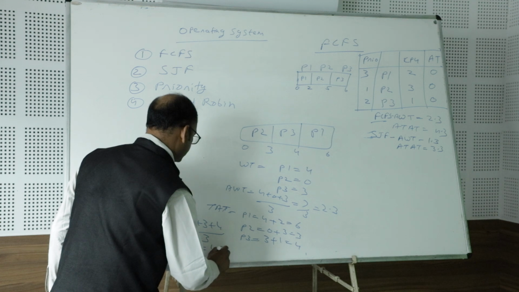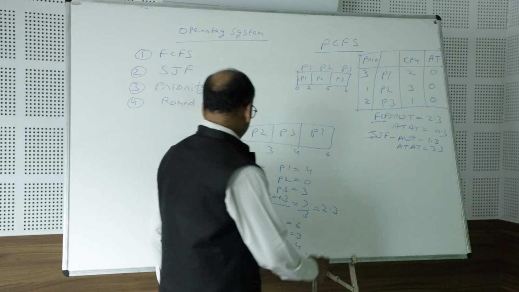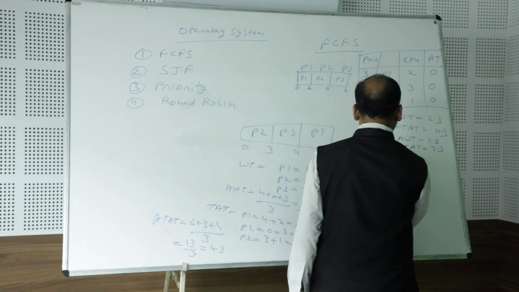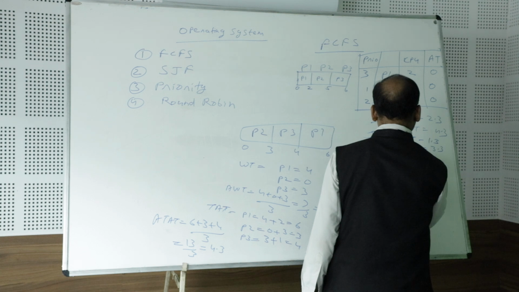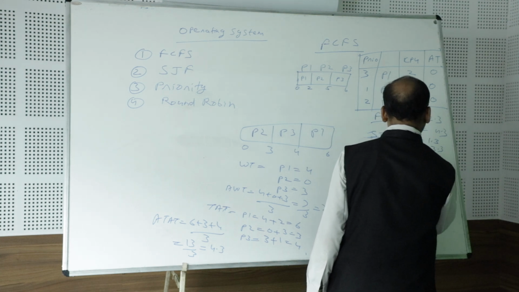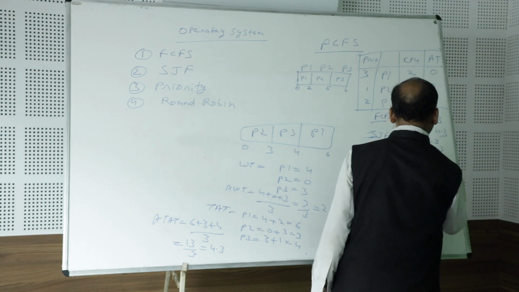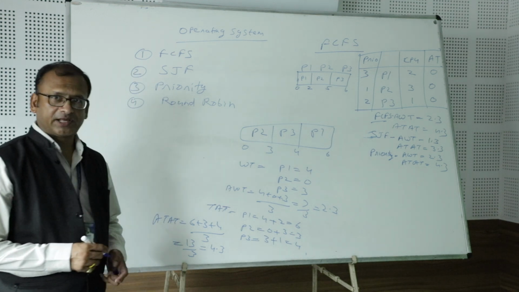So around 4.3, same as that of FCFS. So in priority scheduling algorithm, this is the average waiting time and average turnaround time.